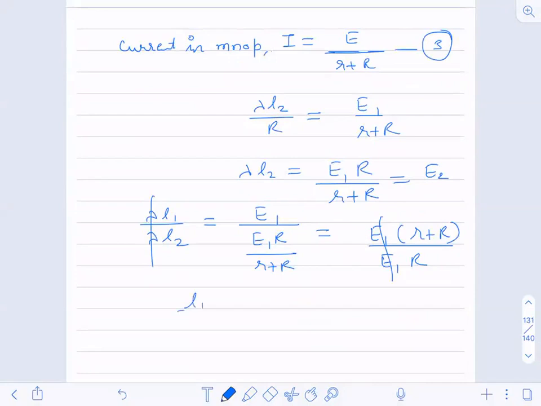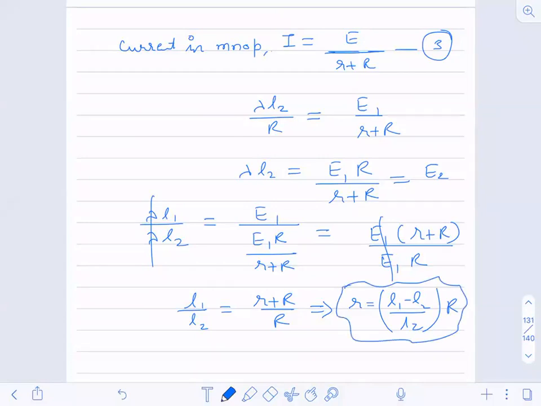So L1 by L2 becomes r plus capital R divided by R. When you solve this, the internal resistance becomes r equals L1 minus L2 divided by L2, into R. You just solve this and you'll get this value.